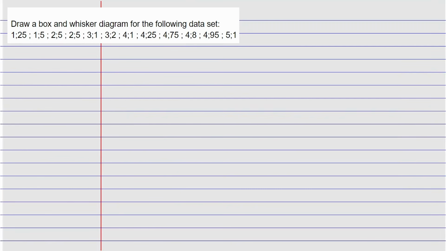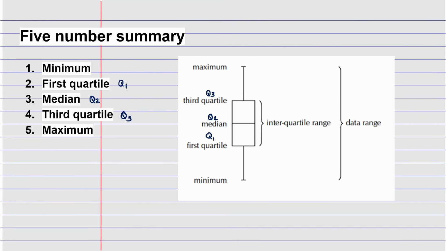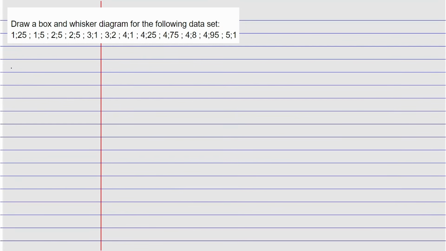So let's do an example dealing with the 5-number summary, right? It says draw a box and whisker diagram for the following data. So we're going to need your interquartile, your maximum, your minimum. Let's start with your minimum.